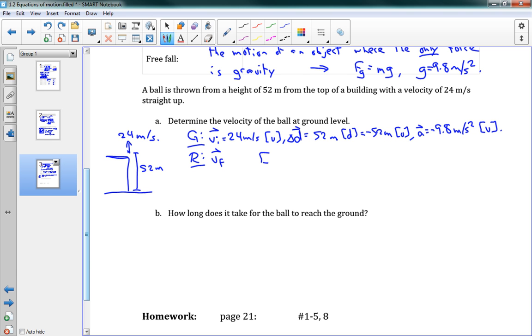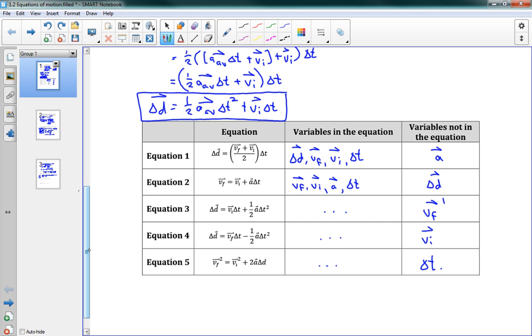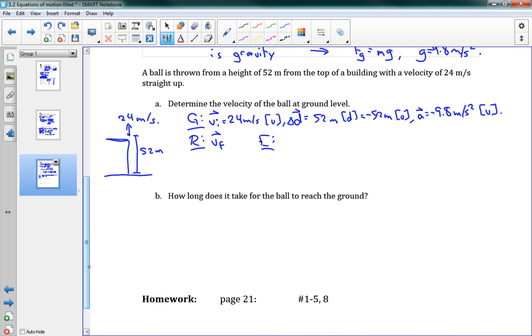And our equation for this, we've got VI, VF, delta D, A, so there's no delta T. So our last equation, VF squared equals VI squared plus 2A delta D. So VF is going to equal the square root of 24 squared plus 2 times negative 9.8 times negative 52.